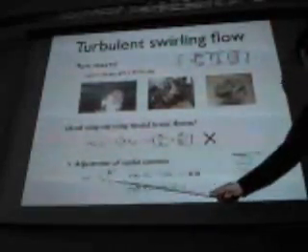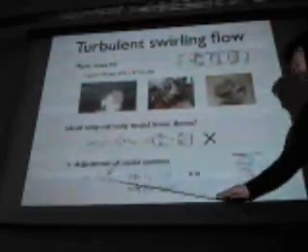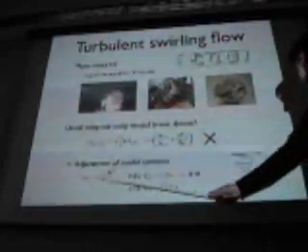And some engineering people found that if we change the coefficient model constant, if they reduce it to 10% or sometimes 5% or something, then this type of profile can be recovered. But it's not physical, a very ad hoc approach.